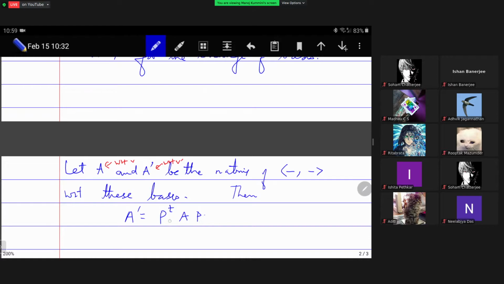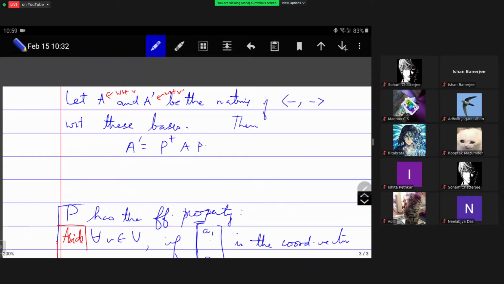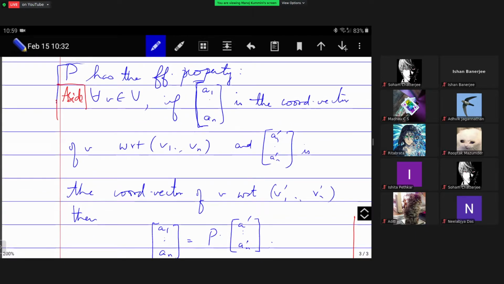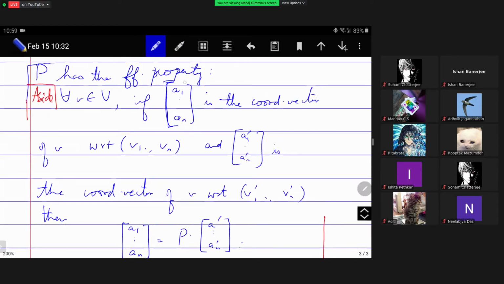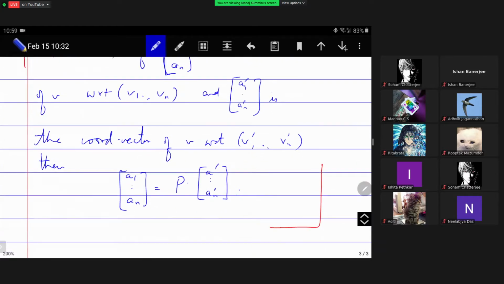Then A prime is given like this. What exactly do we mean by this? What property does P have? For all vectors v, if you take the coordinate vector with respect to the first basis and the coordinate vector with respect to the second basis, then they are related like this, and the P works for all vectors.